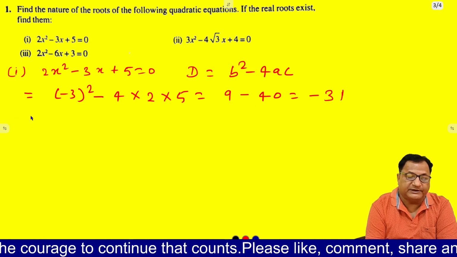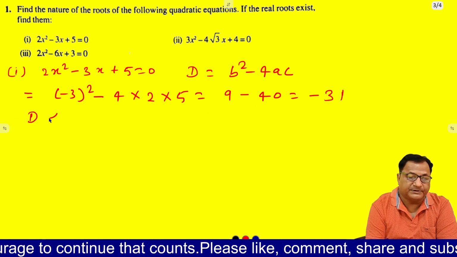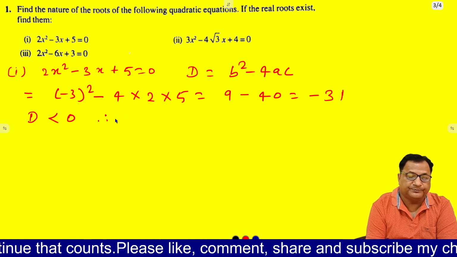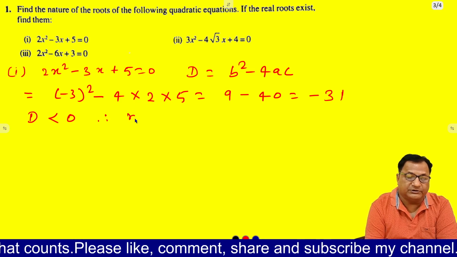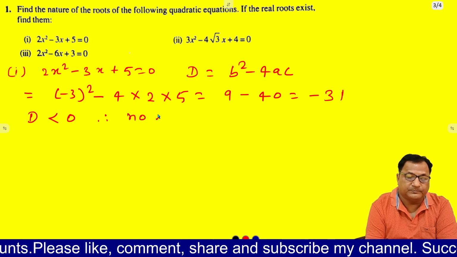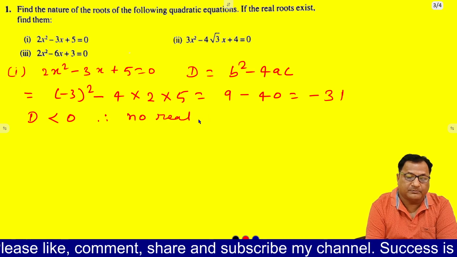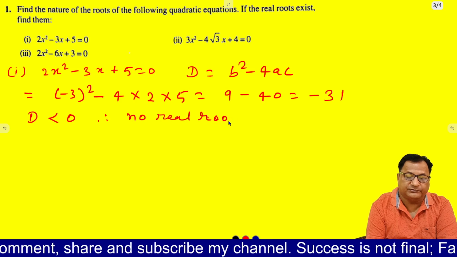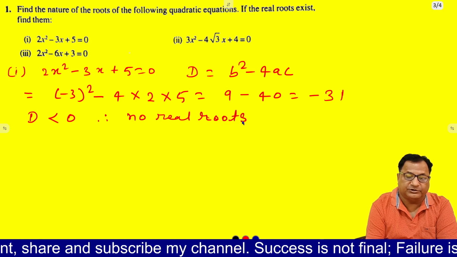So here we see that D is less than 0, therefore there are no real roots. The nature of the roots is that there are no real roots.